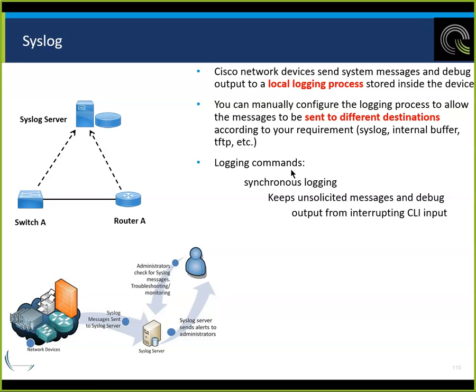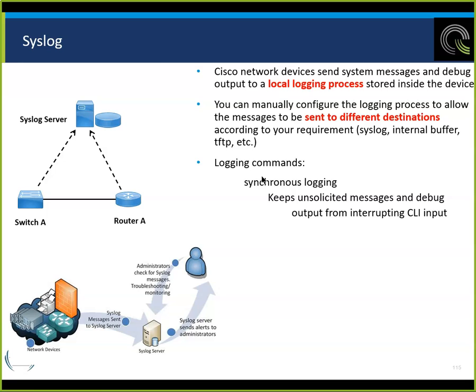And right in the middle of the command, you get the notification that it was configured from the console, and it stops whatever you're doing and splits that command in half. Logging synchronous will keep your commands on the same line, so you can just keep going. It's one of those things.